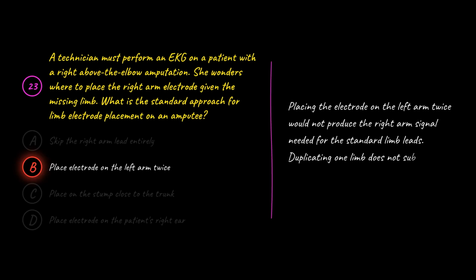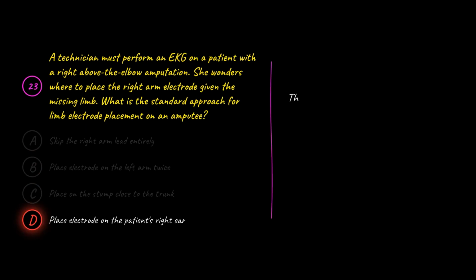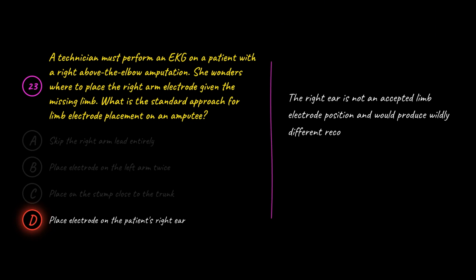Duplicating one limb does not substitute for measurements from the missing side. D is wrong because the right ear is not an accepted limb electrode position and would produce wildly different recordings from the standard. Ad hoc placement at the head invents data that does not match accepted EKG conventions.